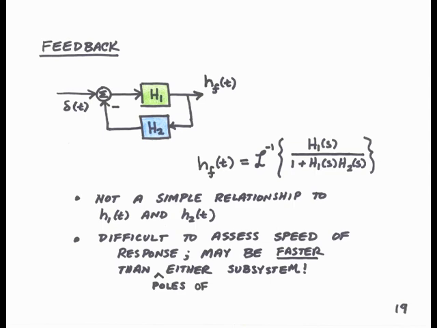The feedback interconnection's impulse response will be the inverse Laplace transform of the closed-loop transfer function, which is H1 of S over 1 plus H1 of S H2 of S. It's very difficult to assess even the speed of response of the feedback interconnection. It may even be faster than that of either subsystem.